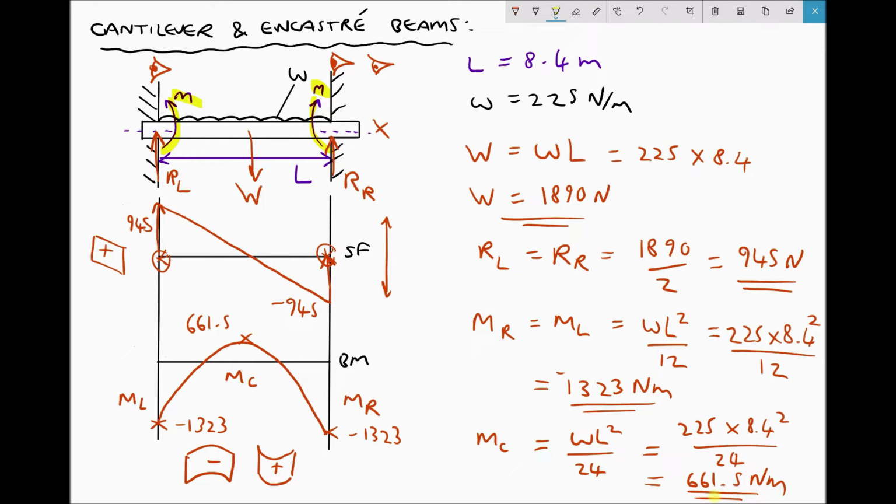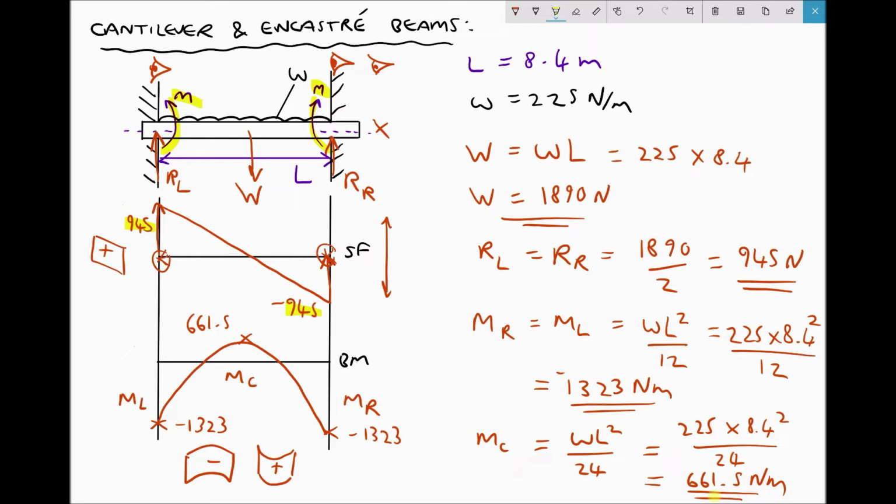Now the important things to take away from this is the magnitude of the maximum shear force. Referring to our shear force diagram, the magnitude of the maximum shear force is going to be 945. Note that the magnitude of 945 and minus 945 is the same. By the magnitude, we mean the actual size rather than the direction.